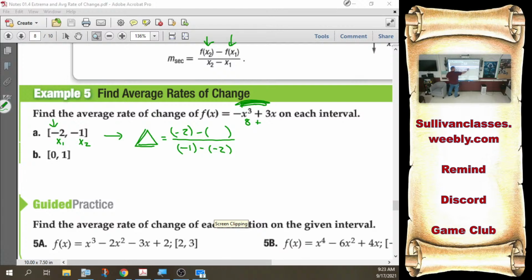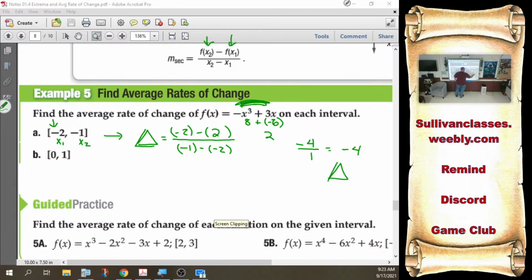Stick in negative 2. 6 plus times negative 2 is negative 3 times negative 2 is negative 6. There we go. All I'm doing is plugging them in to get my y's. I have x's, I'm plugging them in to find y's. And I get negative 4 over positive 1 is negative 4.